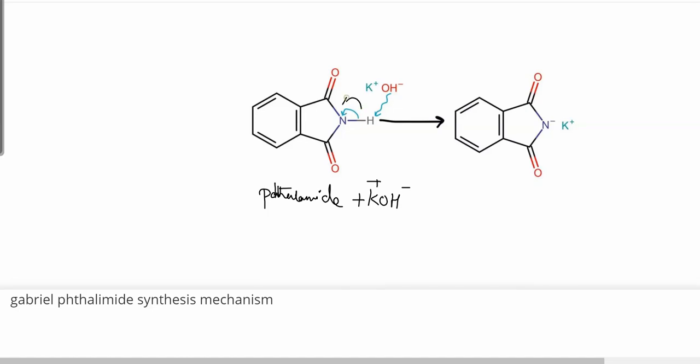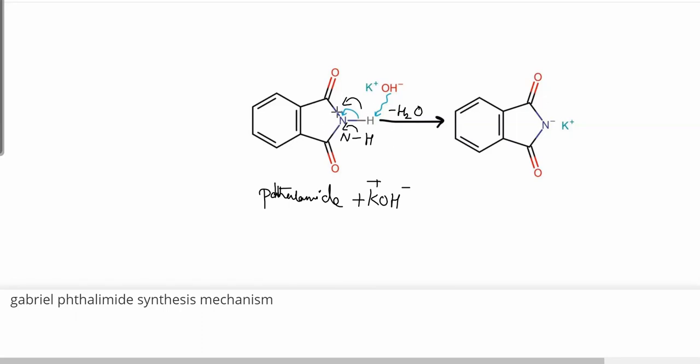Okay, in the deprotonation, the nitrogen and hydrogen bond here, it will break up, and the hydrogen, it will react with the hydroxyl ion of the potassium hydroxide, and it will form water here. Okay, water will be released out here.